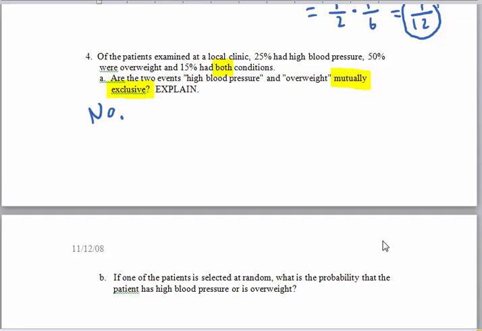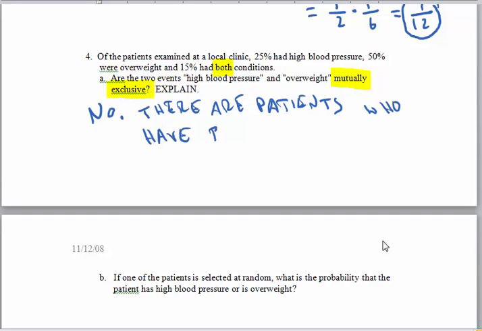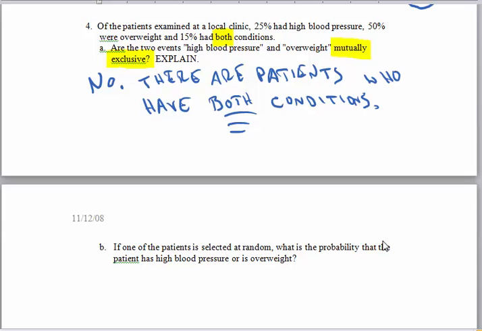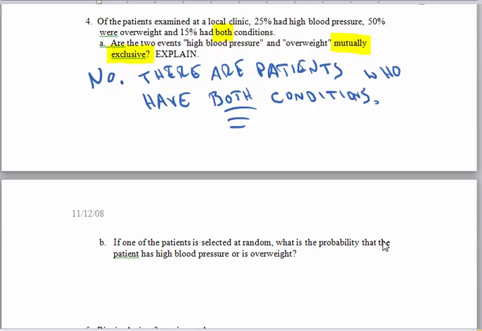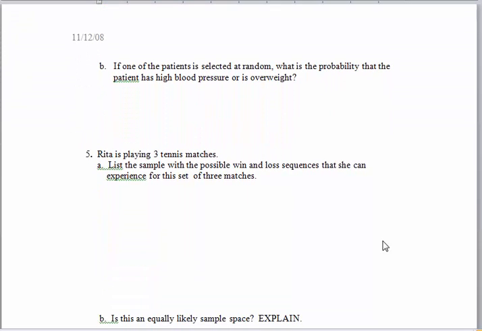No, because there are patients, specifically 15% of the patients, who have both conditions, right? Now, if there weren't any patients that had both, they would be mutually exclusive events. But in this case, there's 15% that have both, therefore they're not mutually exclusive. So that's really just a definition question.